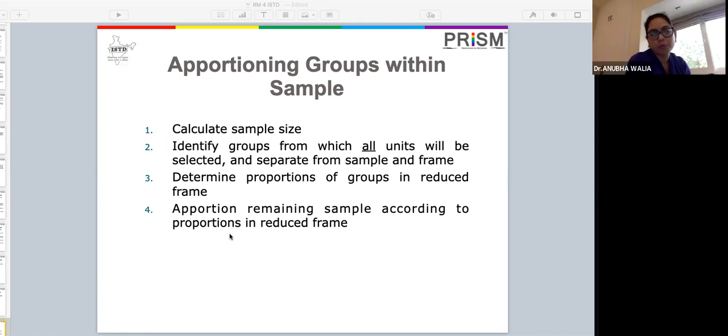Moreover, whenever a probability sample reaches a certain size, the precision of the estimator cannot be significantly increased by increasing the sample size. So always remember, for a larger population, the precision of the estimator depends on the sample size, not on what proportion of the population has been sampled.